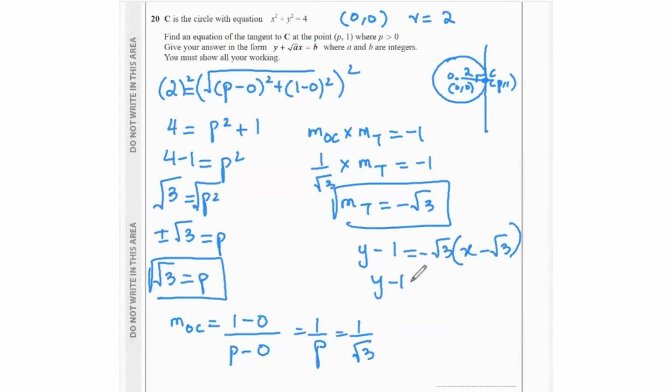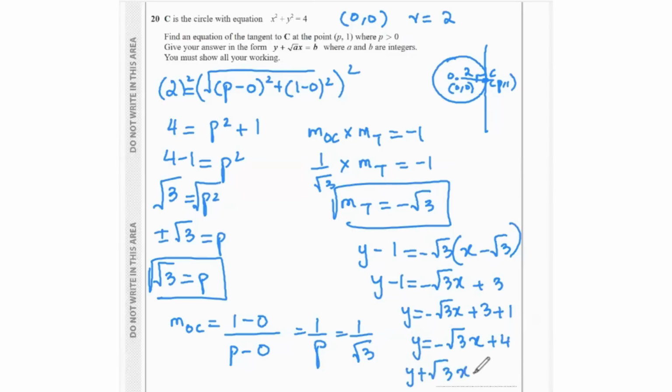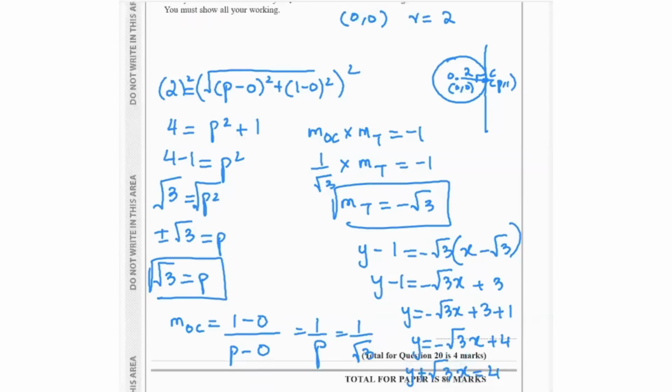That's going to be y minus 1 equals negative root 3x plus 3, because root 3 times root 3 is 3. y equals negative root 3x plus 3 plus 1, which is negative root 3x plus 4. So they want it as y plus root 3x equals 4. a is 3 and b is 4. This is your final answer. And I think this was for 4 marks, yeah.